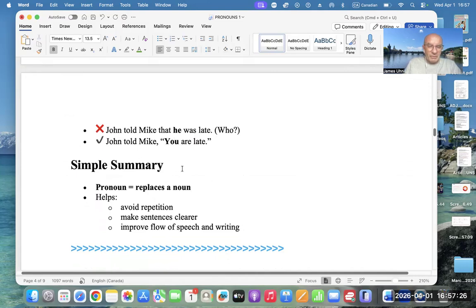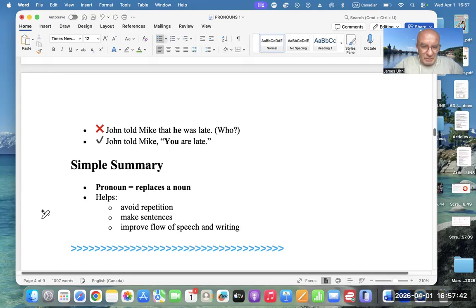Simple summary, very easy. A pronoun replaces a noun, helps avoid repetition, makes sentences clearer, that means easier to understand.